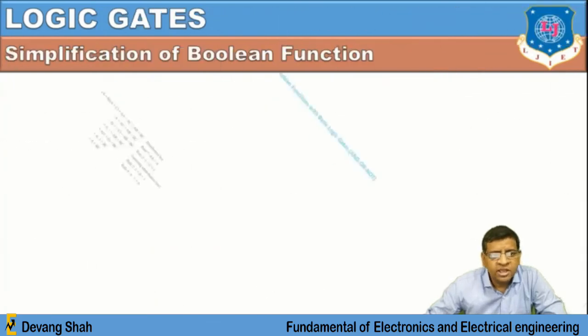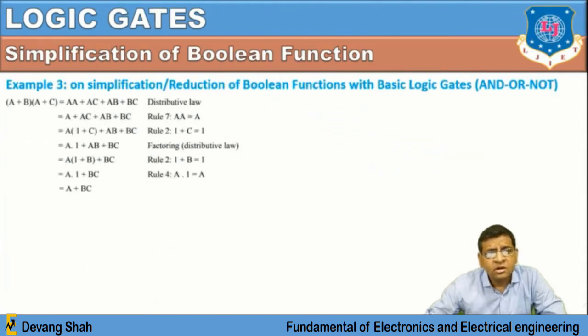Based on that, we have more examples on this reduction of Boolean functions, like A plus B into A plus C. So ultimately you can go through the distributive law, and further go for the simplification using Boolean algebra. The final answer is A plus BC.